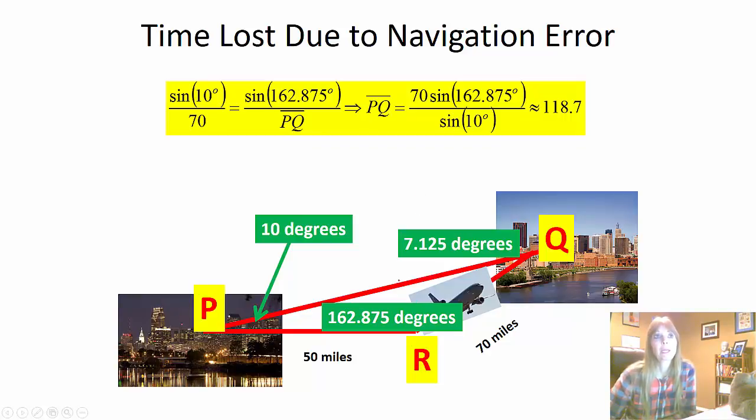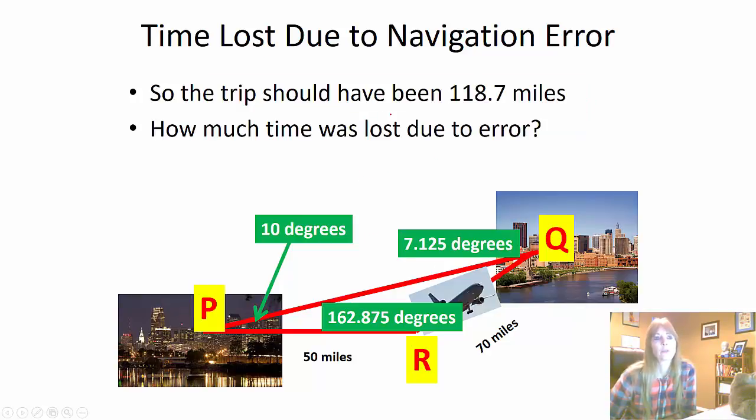And that's kind of the big key with these, is that you know what you need. The only way I can solve for this side is I have to have the angle opposite. And so I did all that and I get this length. So the trip should have been 118.7 miles.